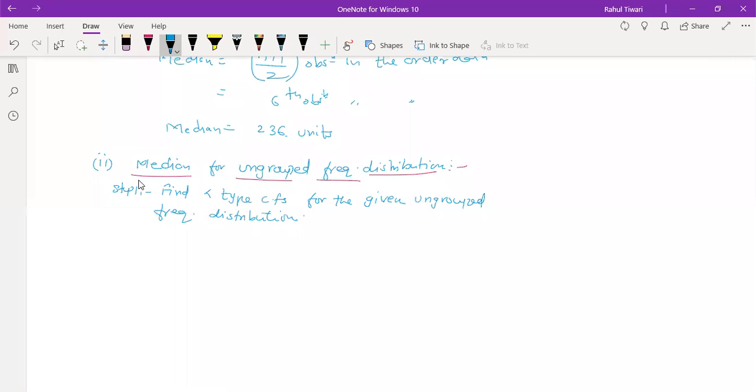Step number 2: find the total of the frequencies, which is n is equal to summation of f.